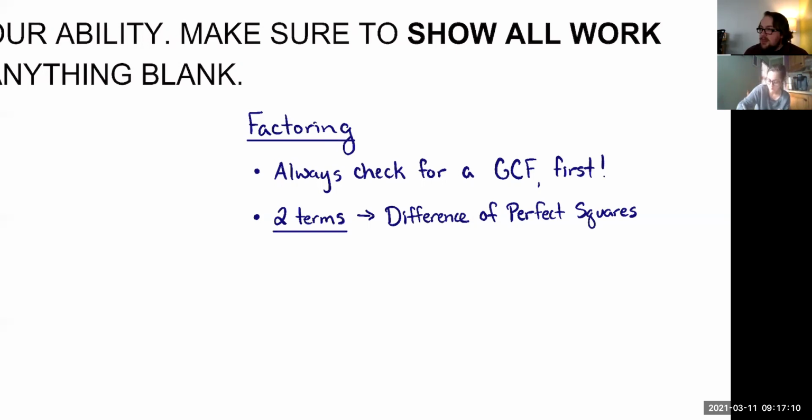Now, we had a little mini formula there for that. If it helps you, great, I'm going to jot it down. If it didn't, there's at least one in here where we do the difference of perfect squares, so we will get some practice later.